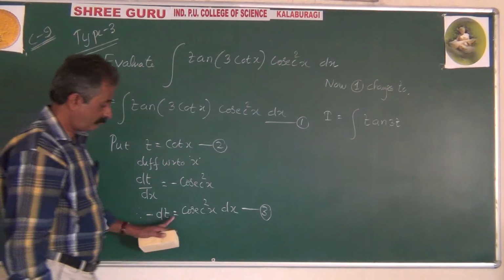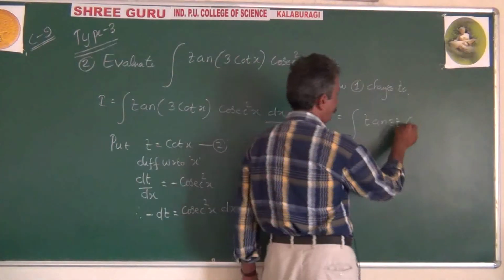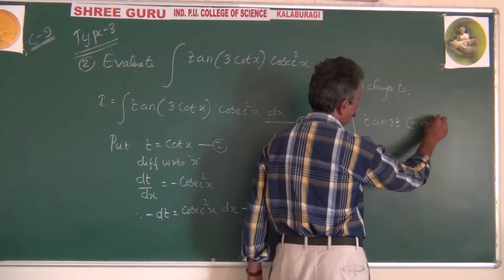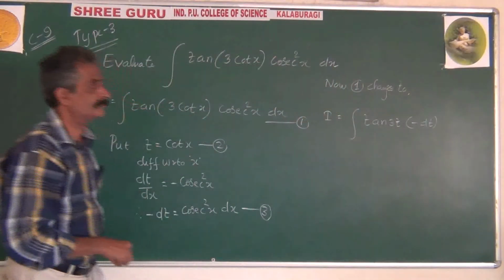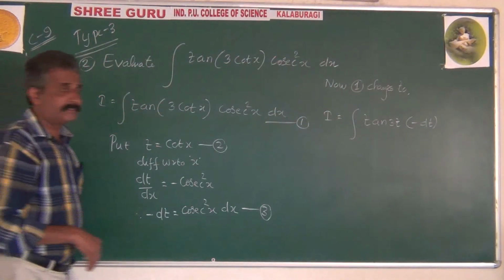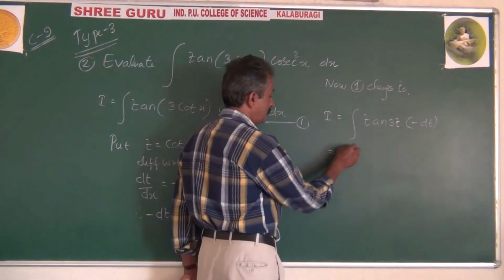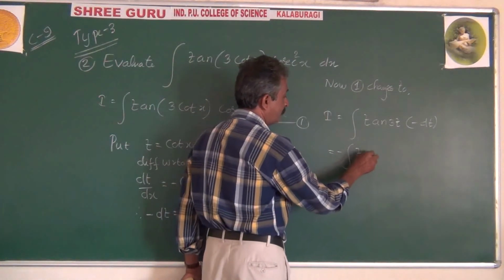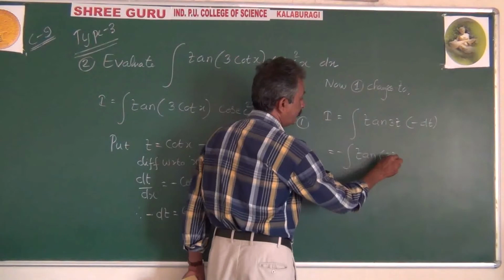The remaining becomes minus of dt. Minus is taken outside because it is a constant, minus of integration tan 3t dt.